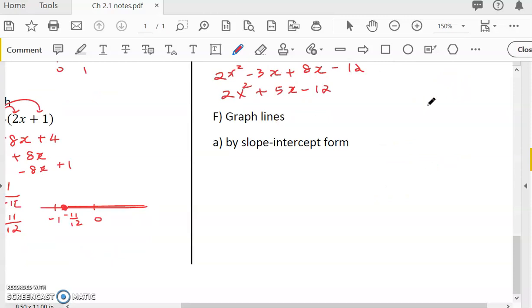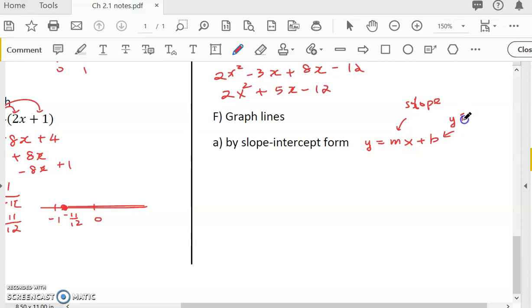The next thing is graphing lines. How do I graph a line? If it is a slope intercept form, oh, I didn't write any question here. So maybe what is slope intercept form? Slope intercept form is y equal to mx plus b, right? Where m is the slope, and b is the y-intercept.